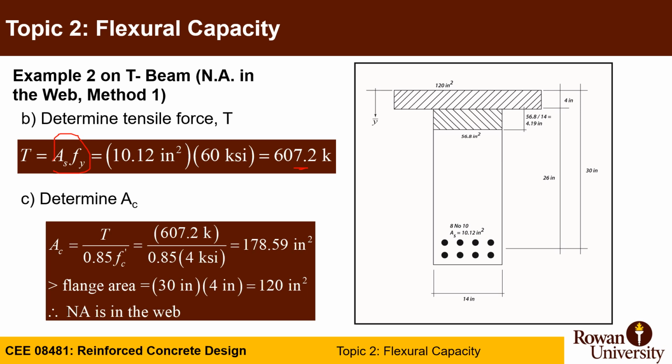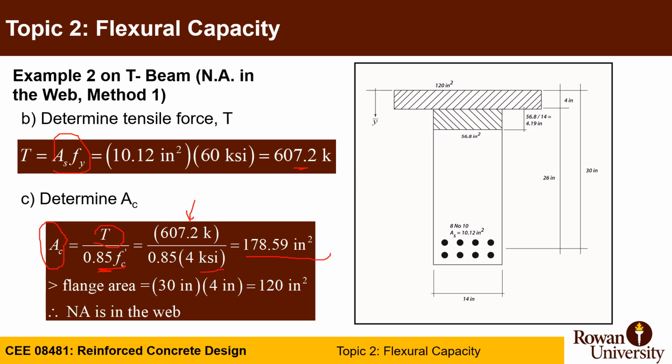To calculate the area of concrete required, it is tension divided by 0.85 f'c. T is 607.2 divided by 0.85 times f'c, which is 4 ksi.